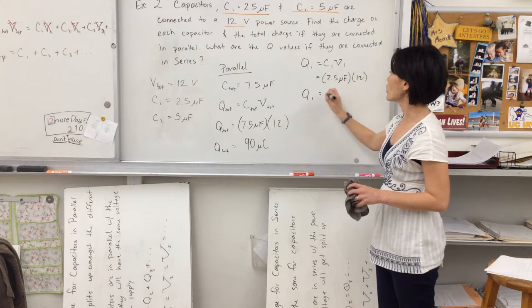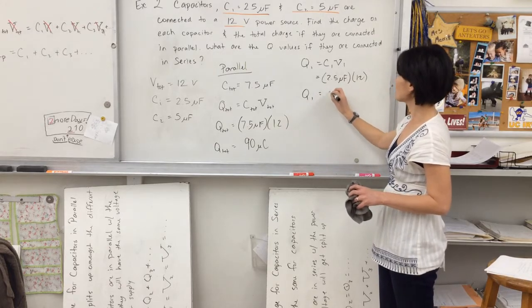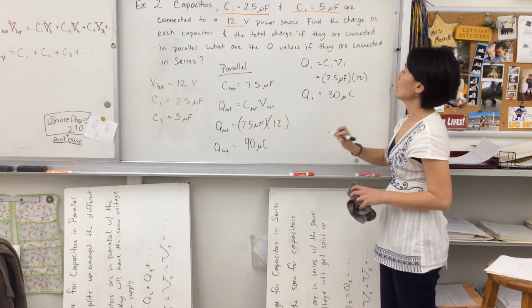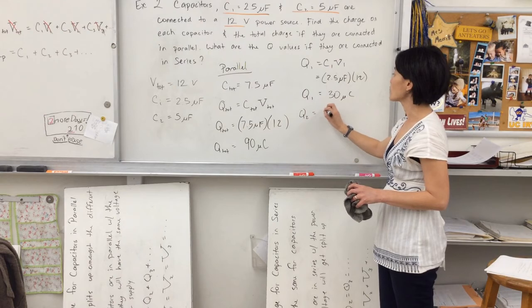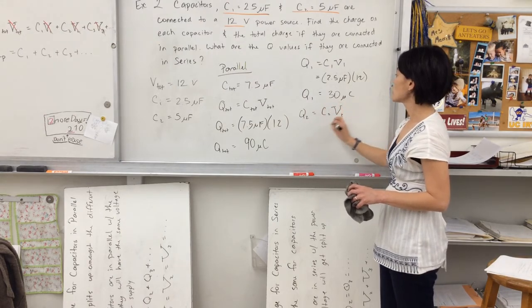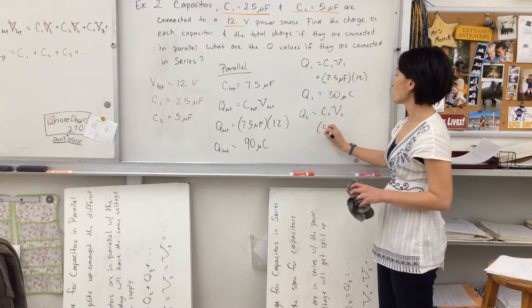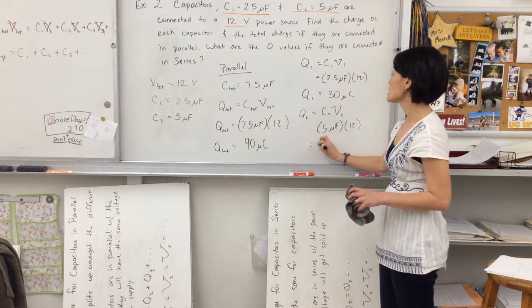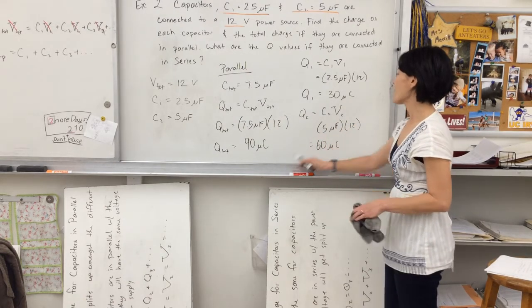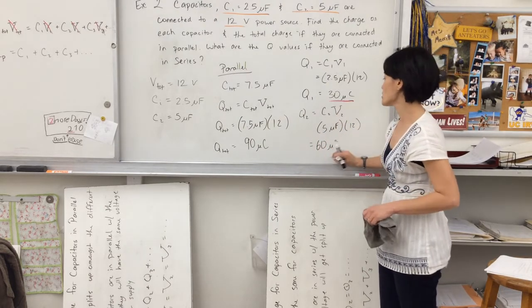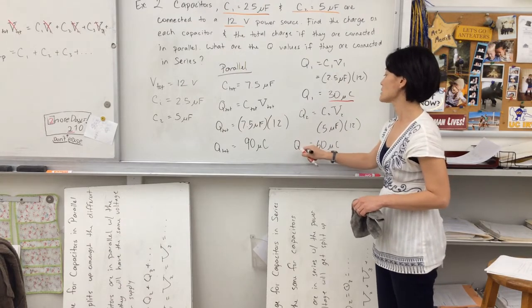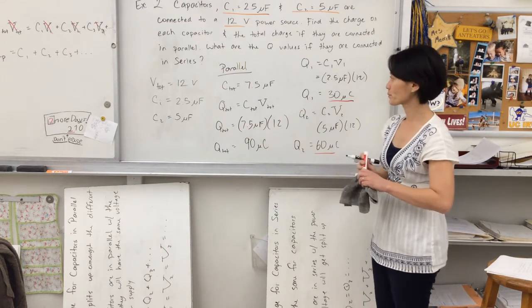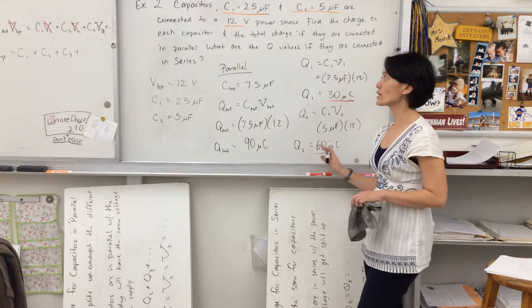So Q1 is going to equal 30 microcoulombs. And then Q2 is going to equal C2 V2, so 5 microfarads times 12, which is 60 microcoulombs, and that checks. 30 microcoulombs and 60 microcoulombs adds up to be 90 microcoulombs. So that is for if it's in parallel.